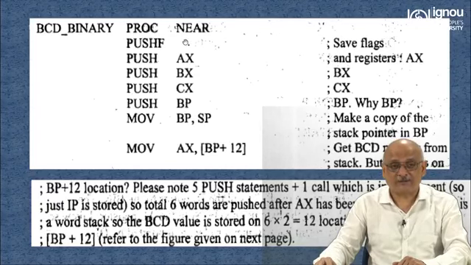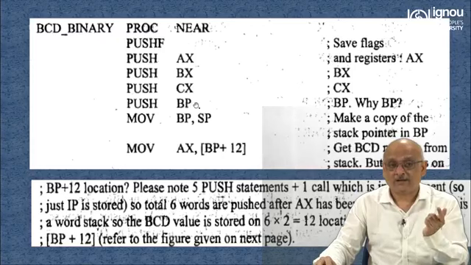So this particular procedure is assumed to be using the flag register, which is mostly pushed, and AX, BX and CX, which will be utilized in the process. BP is already being utilized, you can see. BP is loaded with the SP value. So this BP is obviously going to be utilized, and the old value of BP will be destroyed.